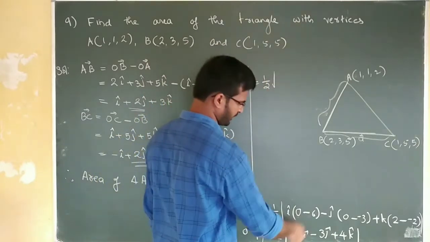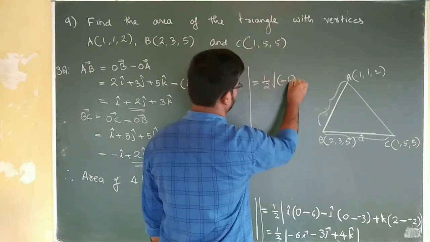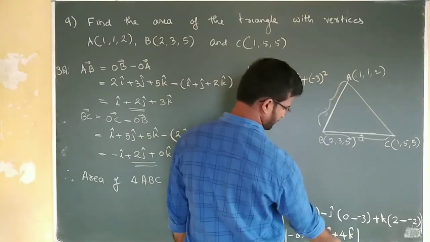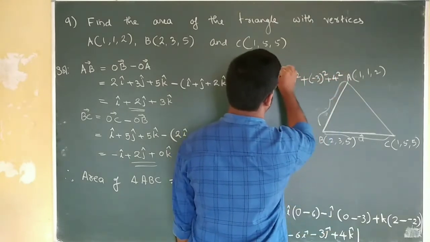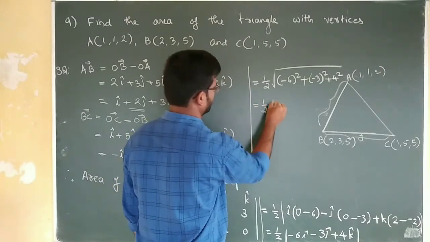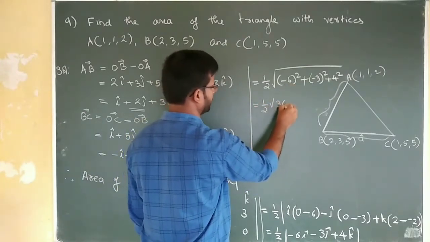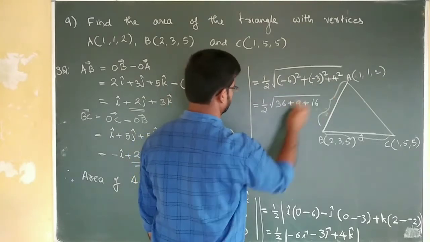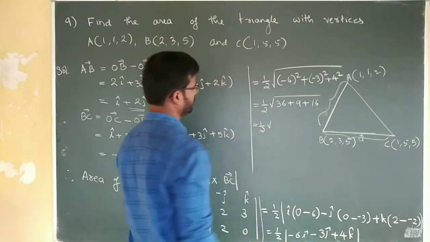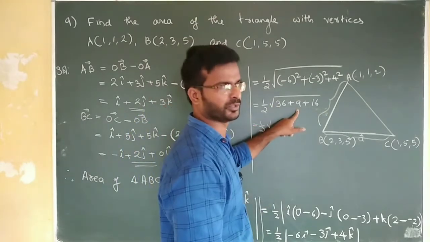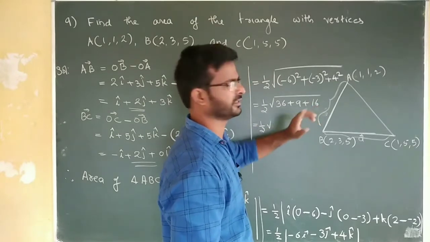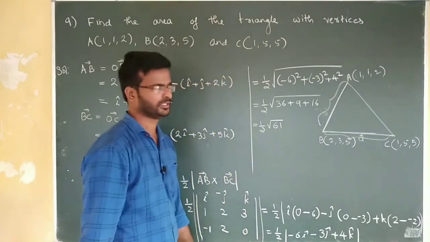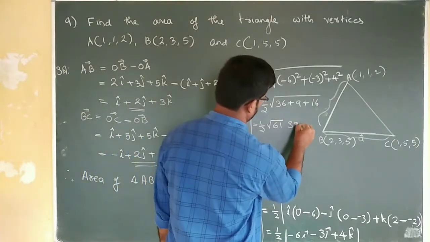That is the square root of minus 6 square plus minus 3 square plus 4 square. 1 by 2 square root of 36 plus 9 plus 16. 36 plus 9 is 45, plus 16 is 61. So 1 by 2 square root of 61 square units.